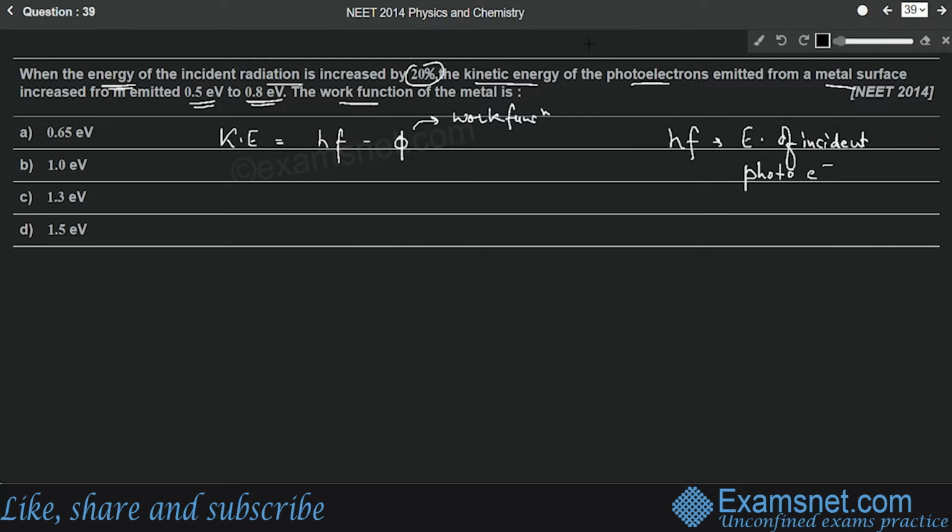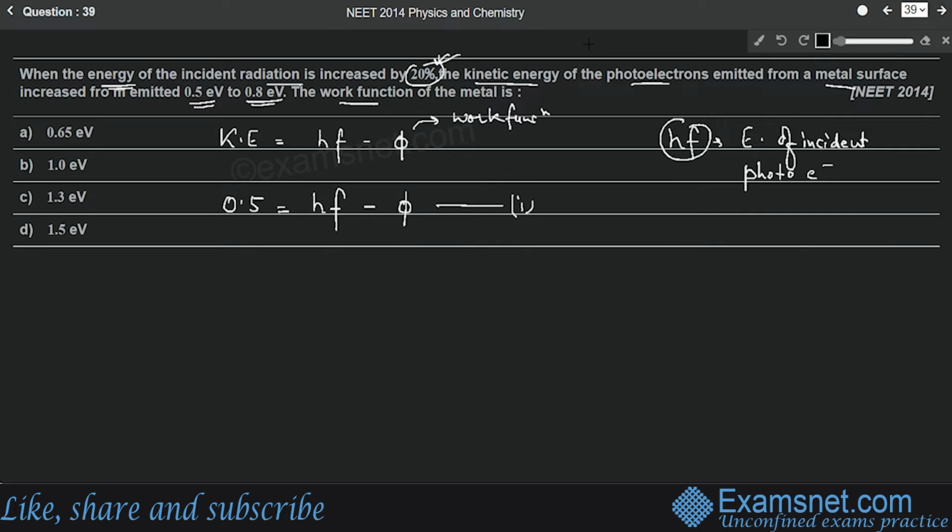Now it is given that when the energy of the incident photons, that means hf, is increased by 20%, the kinetic energy changes from 0.5 electron volt to 0.8 electron volt. That means in the first case the kinetic energy was 0.5 electron volt, the energy of the incident photons was hf, and the work function is phi. Let's say this is equation number 1.